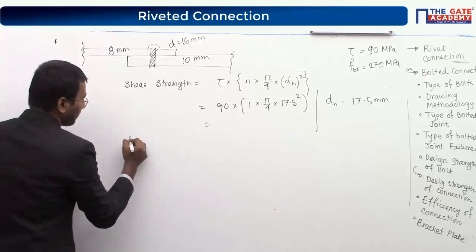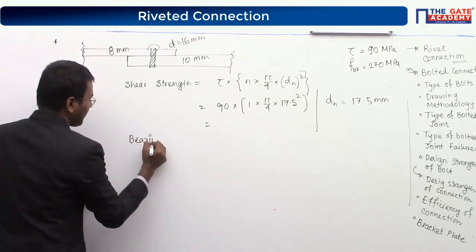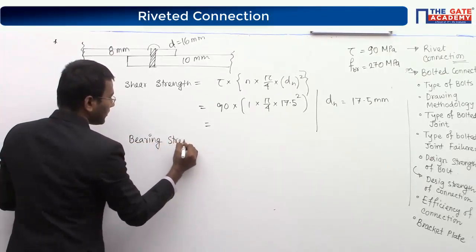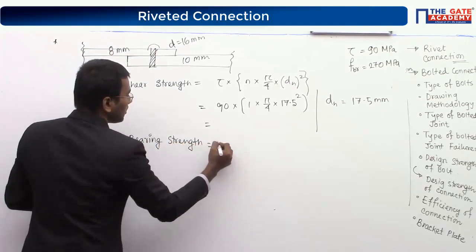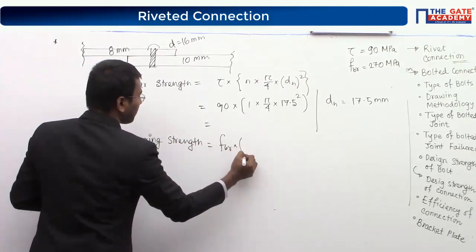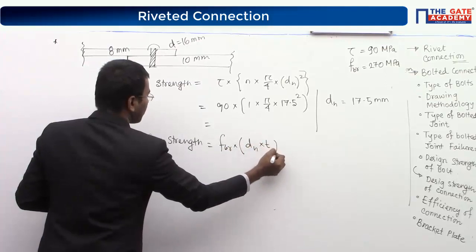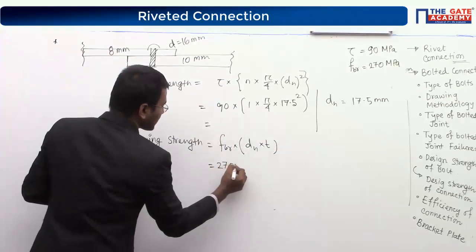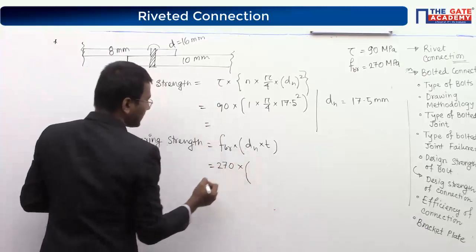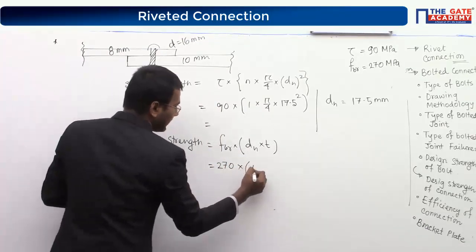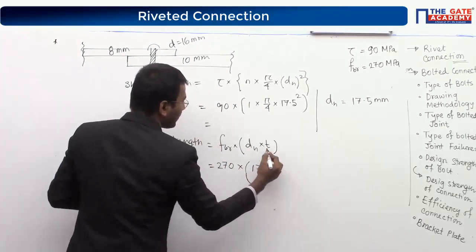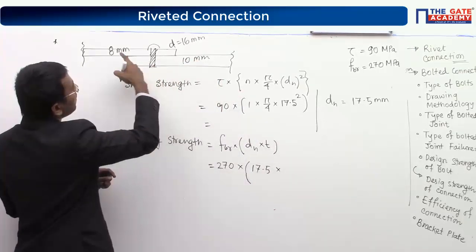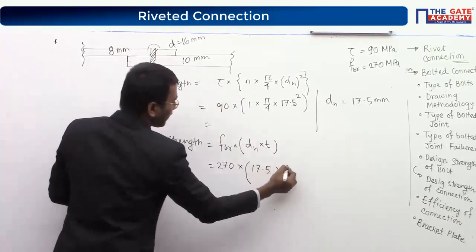Next one, bearing strength. Bearing strength equals bearing stress multiplied by dH into T. Bearing stress given is 270 megapascal, dH the hole diameter which is 17.5, multiplied by T. I will take T equal to the minimum of these two, equal to 8.